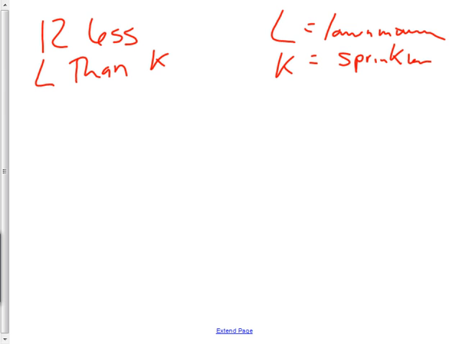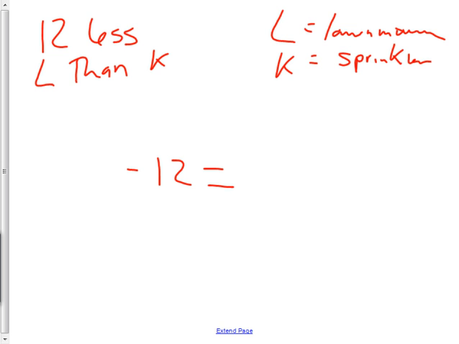Always start with an equals. And you have an L and a K, obviously, have to be in your answer. And obviously a 12 would have to be in my answer. And if it's 12 less, do you get how I'm going to subtract 12 from something? All right, so I got minus 12 like this. And then I just got to figure out, should I take the K and subtract 12 or the L and subtract 12? And 12 less lawnmowers than sprinklers.